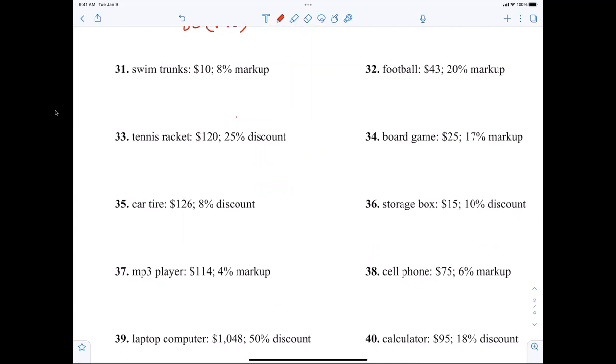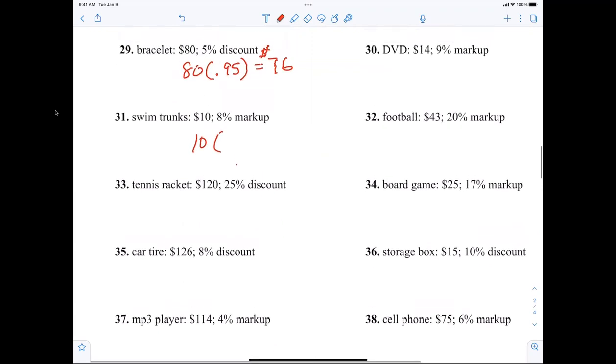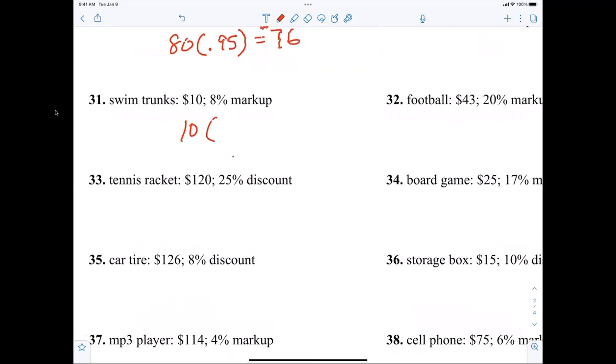So you do 10 times 120. Nope. Oh, 10 times 20. Come on, we've done all these problems now. You're really good too. It's an 8% markup. So what am I multiplying by?